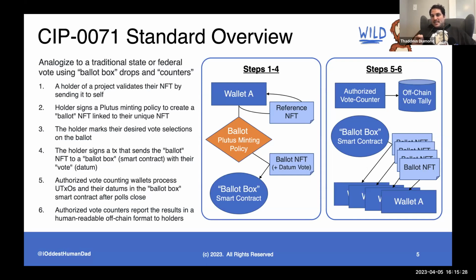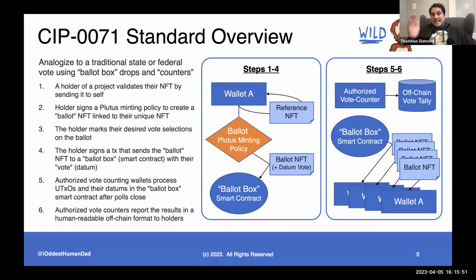So the NFT is actually a ballot, but you then have to attach a datum, which is the vote. There's one NFT created and one datum that's inlined, or however you want to attach it. That's like when you get your ballot and you mark down with a pen what your selection is. That ballot NFT is then sent to a ballot box, which is just a smart contract.